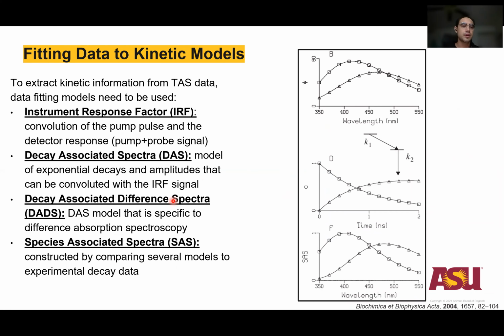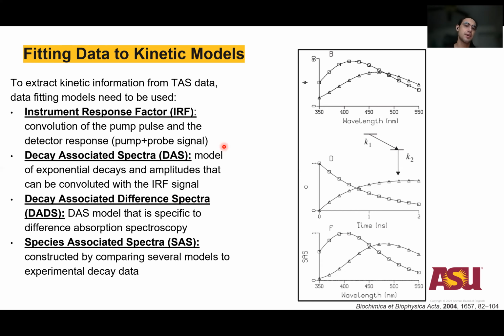Another important thing for the transient absorption spectral data is, if you want to get accurate kinetic information out of it, you're going to need to fit this data to a kinetic model. So this kinetic model is going to have to take into account the instrument response factor. So this is going to be the convolution of the pump pulse and the detector response, or just the pump plus the probe signal.